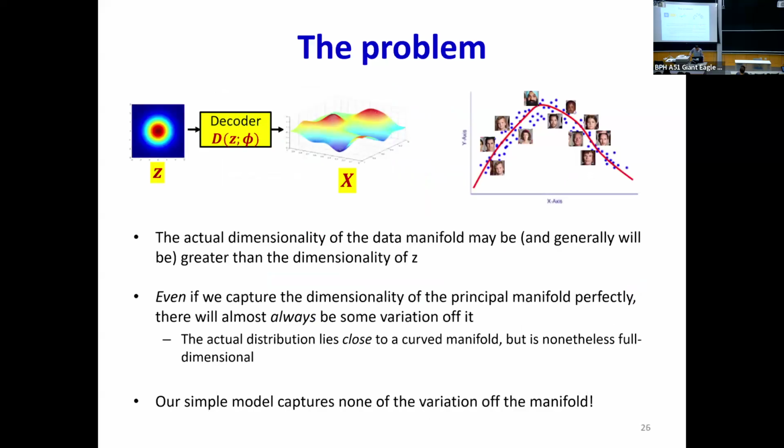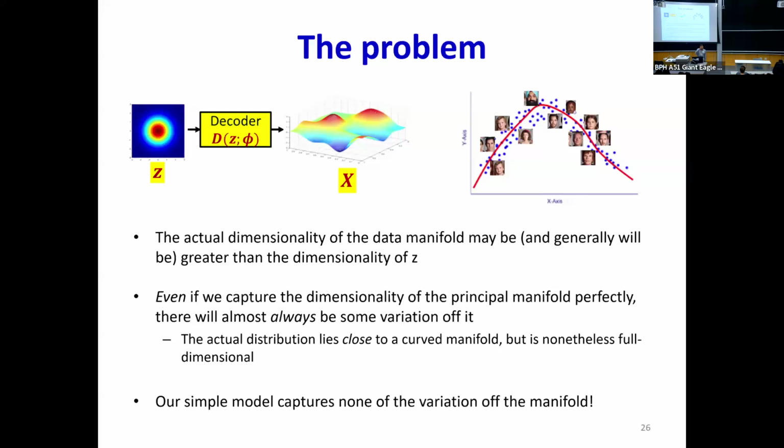And the problem is that the actual dimensionality of the data cannot be known, right? What is the dimensionality of the manifold on which faces lie? We have no idea. So when we take a guess, we are probably going to get it wrong, which means that a manifold that we are forcing the data to lie on will not capture everything about faces to begin with, number one. And then number two, even if you manage to capture the dimensionality of this principal manifold perfectly, there is always going to be some variation off this manifold for the natural data.